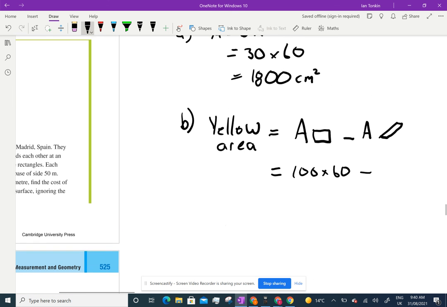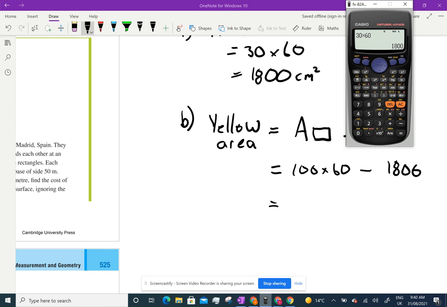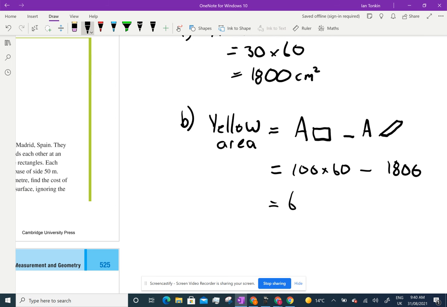And I've already calculated the area of the parallelogram. I'm going to minus that 1800. Well, 100 times 60, let's go to my calculator. 100 times 60, 6,000 minus 1800.